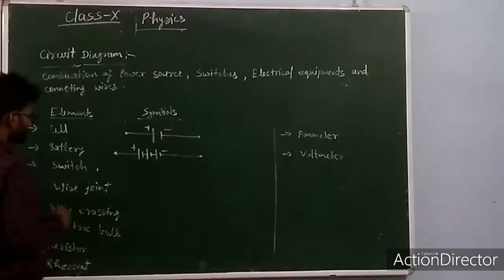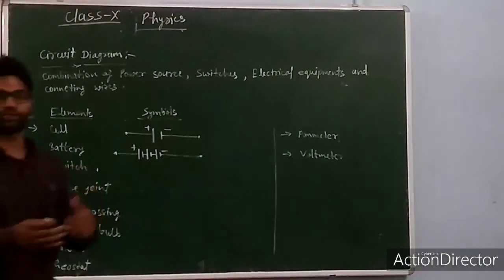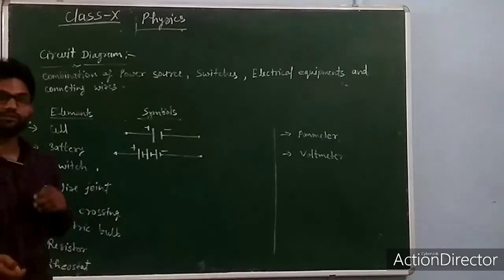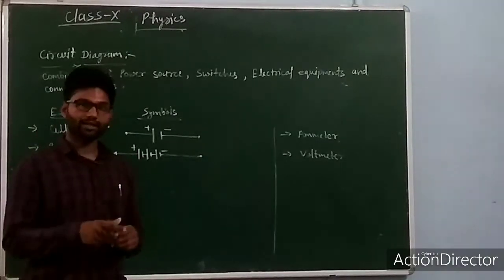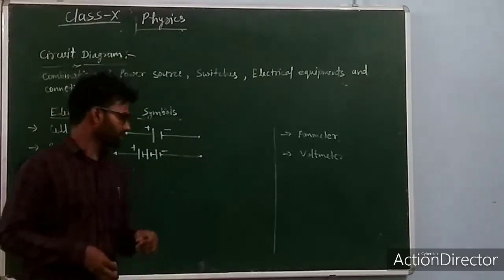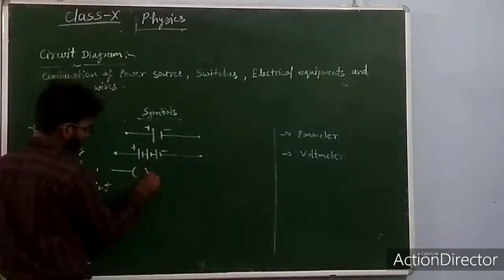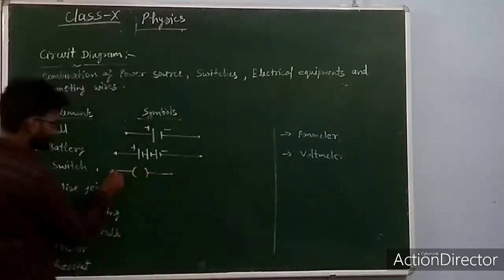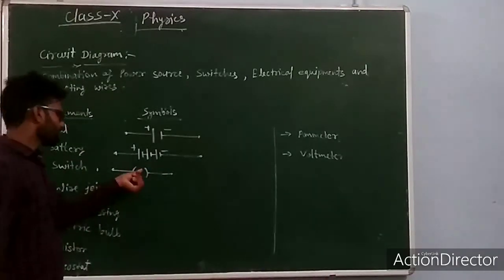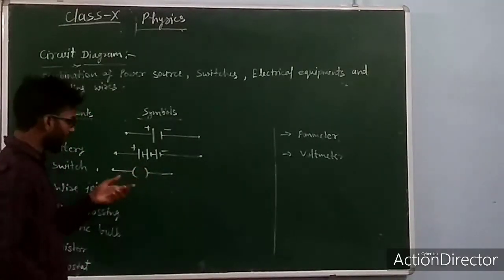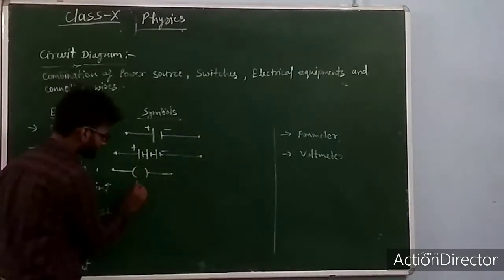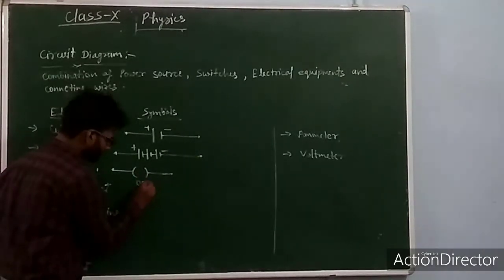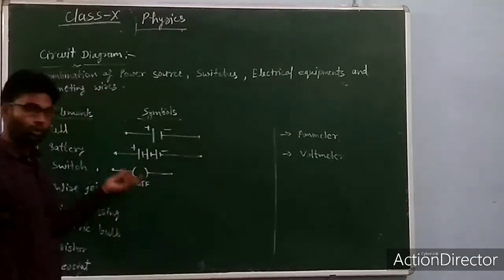Right? Next one is electrical switch. So switch is basically used to switch on the circuit and switch off the circuit, right? Switches are represented something like this. When this space is blank, this is called as off switch, or called as open switch.